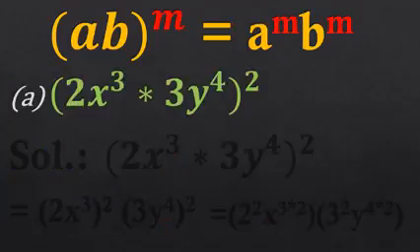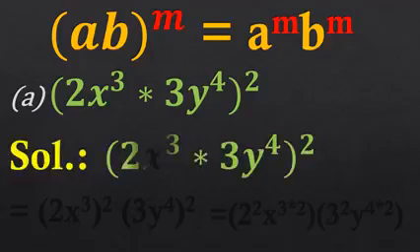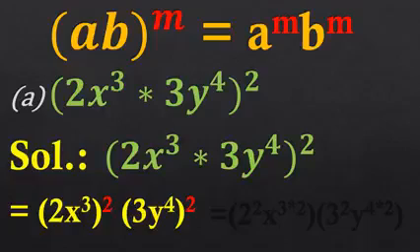Another letter A. The square of 2x cubed times 3y to the 4th power. So same rule applies. We will distribute 2 as our exponent na nasa pinakalabas. Ibibigay natin siya sa bawat term na nasa loob. And thus, we have square of 2x cubed times the square of 3y to the 4th power.